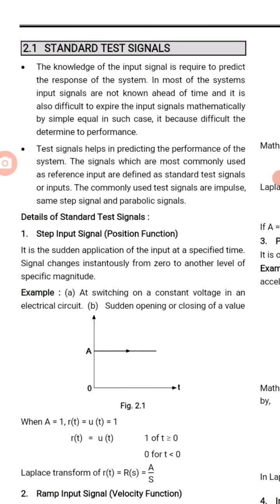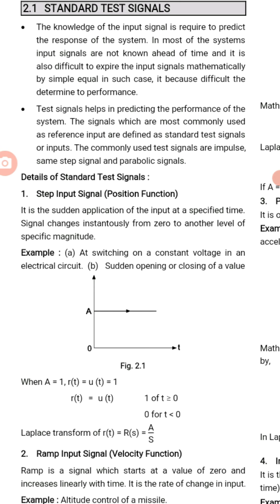So if input is standard, then response of the system becomes easy to find, or gain of the system is easy to find, and correspondingly from the output we can predict any system response. That's why it is essential to learn standard test signals.